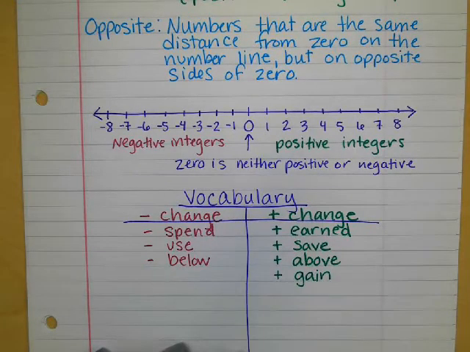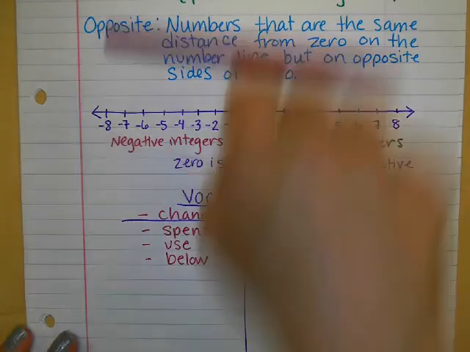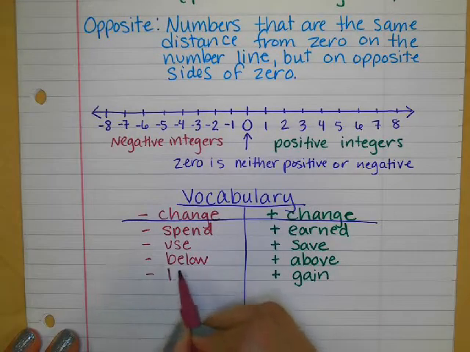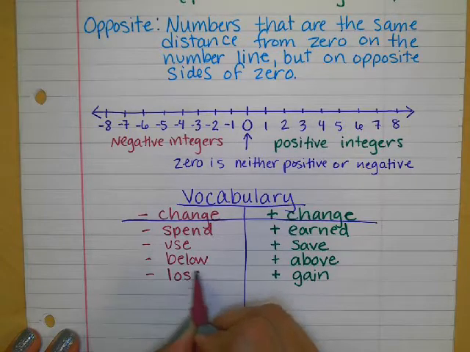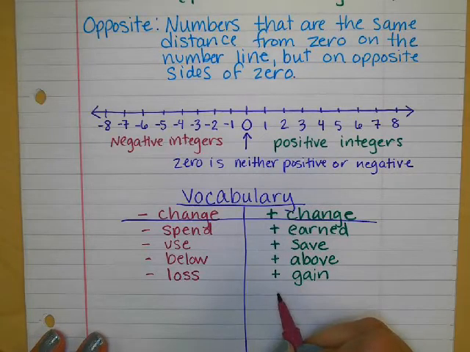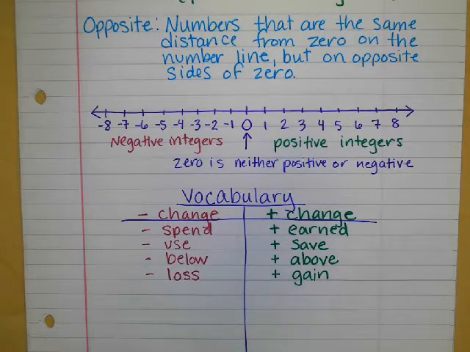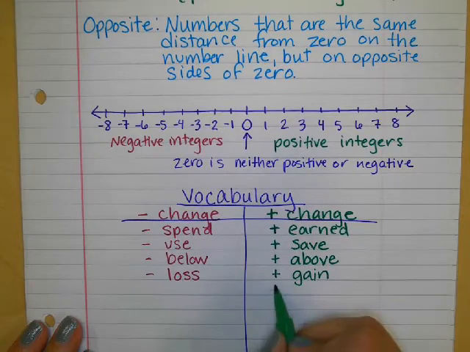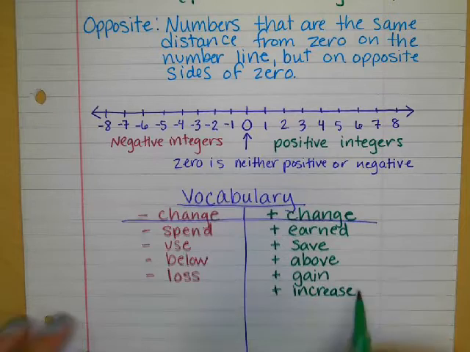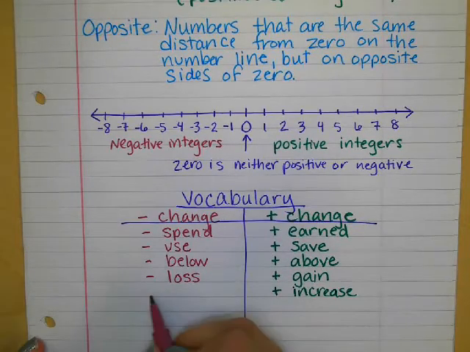You gain something. The opposite of that would be to lose something or to have a loss. When something increases and decreases, a positive would be increase, a negative would be decrease.